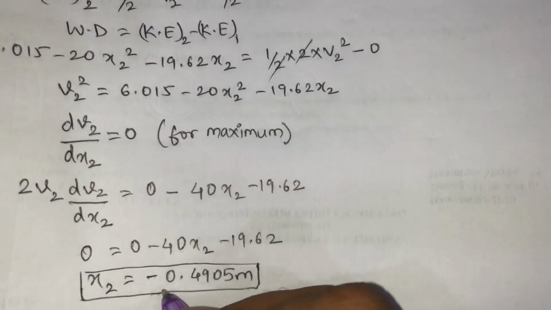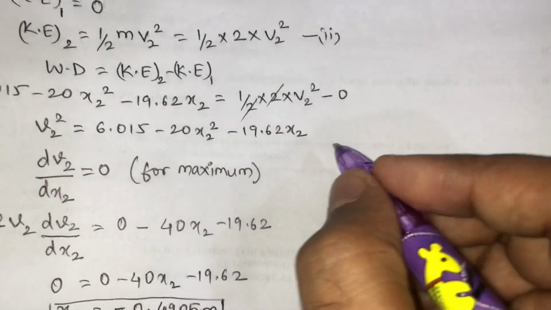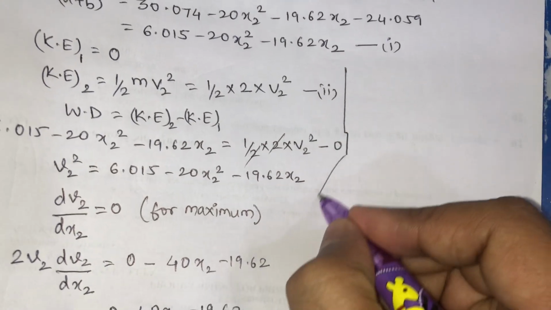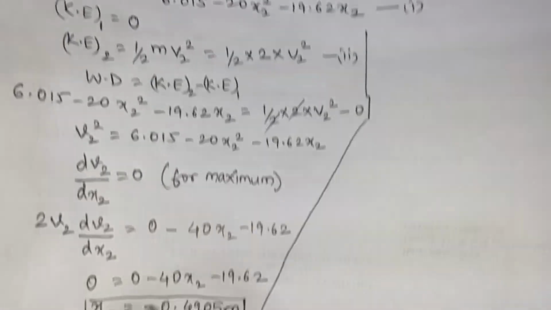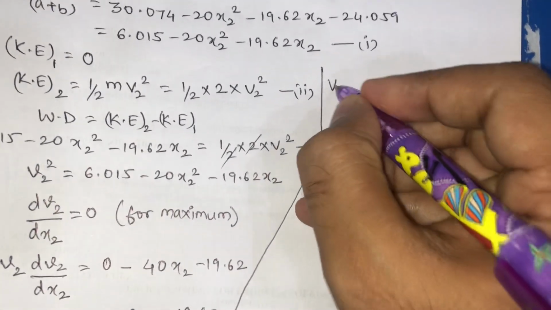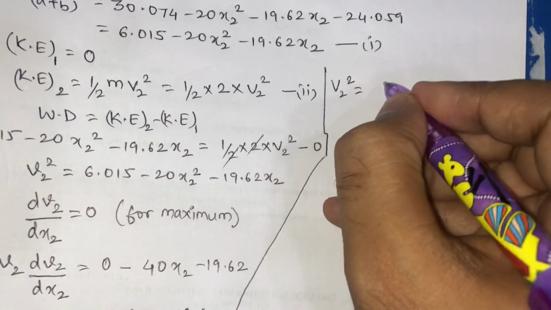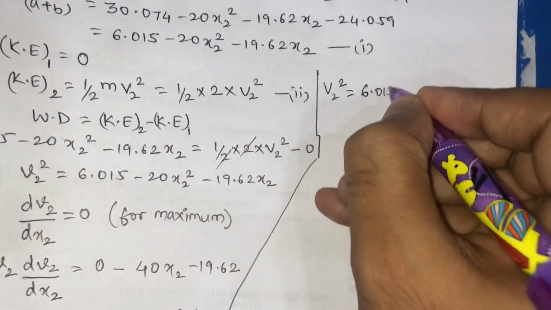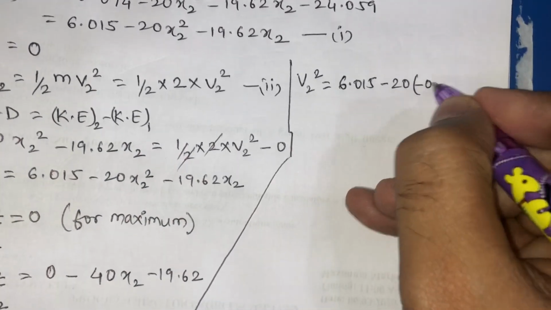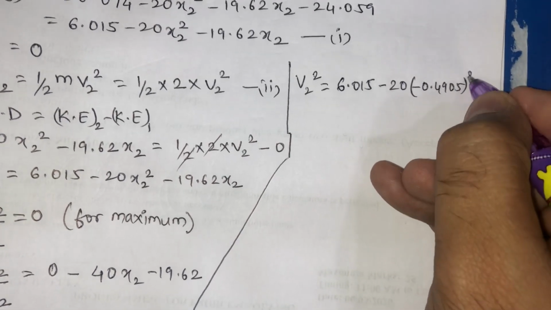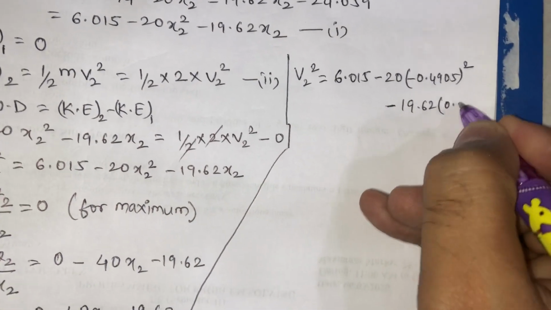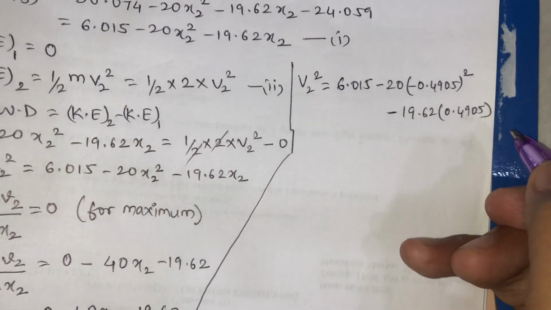Now if I substitute this x2 in this equation, what I'll be getting is v2 square equals 6.015 minus 20 x2 square, here x2 is minus 0.4905, this squared, as it is a square, minus 19.62 times 0.4905.